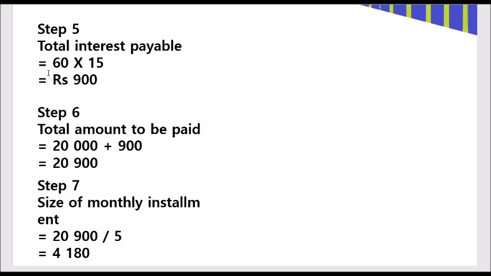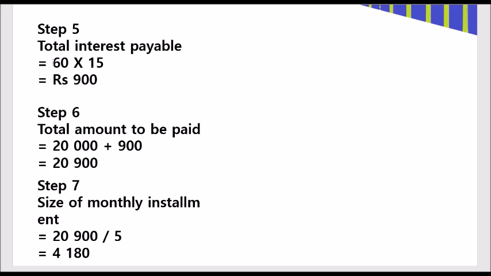Total interest payable. As in our previous formula, what is that? Total interest equals interest per month for one installment multiplied by number of month units. So, in the previous step 3 and step 4, you have obtained those answers.